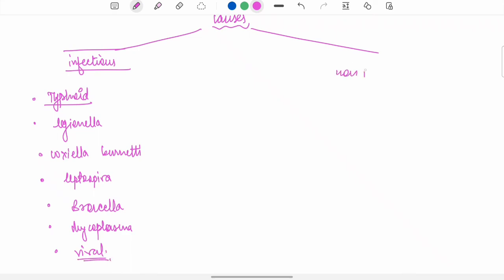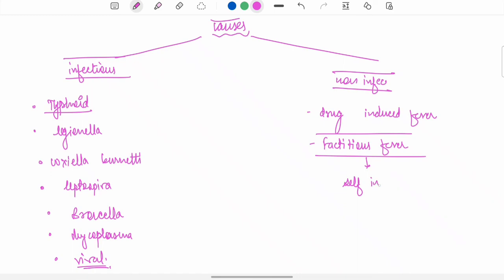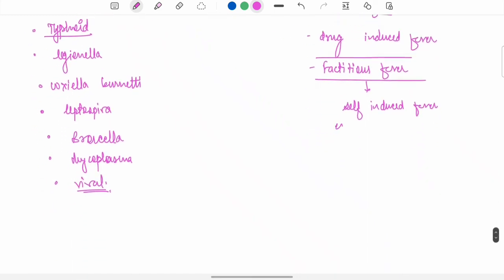In non-infectious causes, first is drug-induced fever, where there will be no increase of heart rate. Then factitious fever. What is factitious fever? Factitious fever is self-induced fever, for example distilled water injection or aniline eczema.